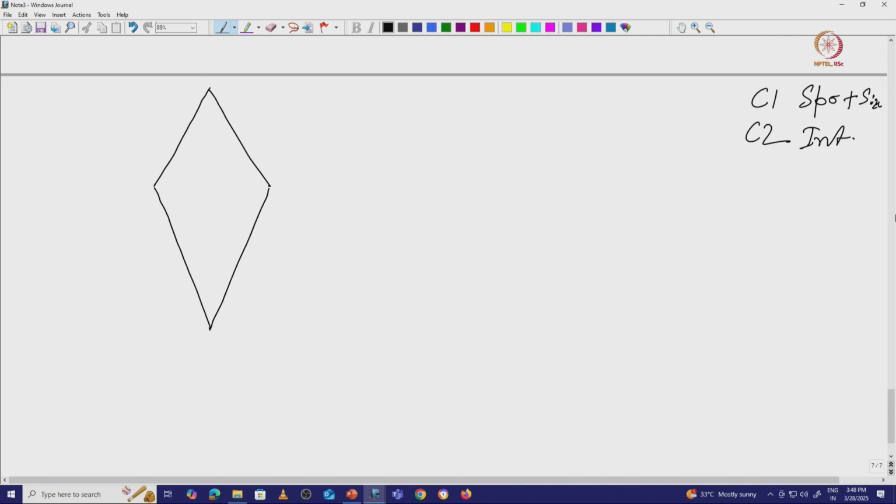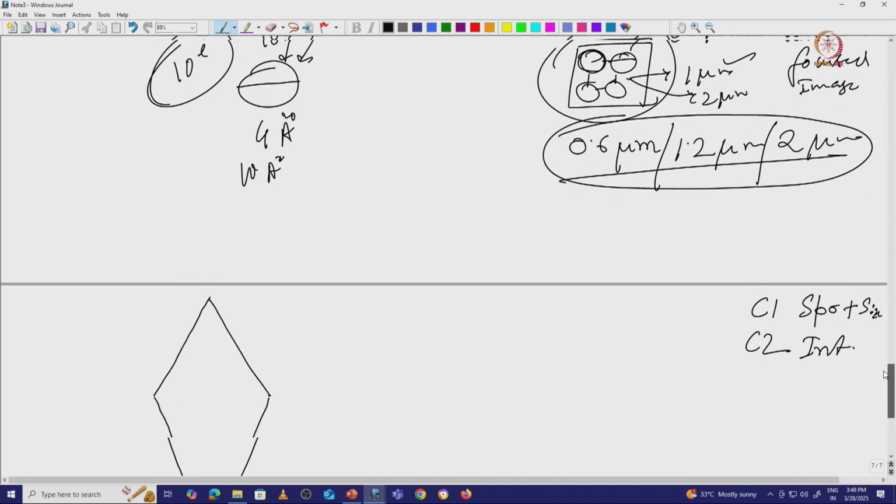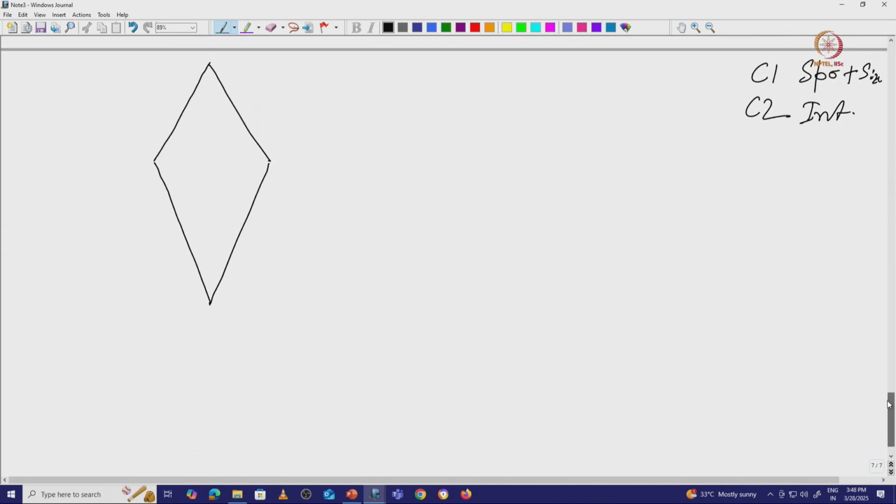So here you can see the electrons are coming and merge at one particular point, and this is my C1 lens current. Then we are using some C1 lens current, and if I use a comparatively lower C1 lens current, what will happen? The electron beam will converge at one particular point.